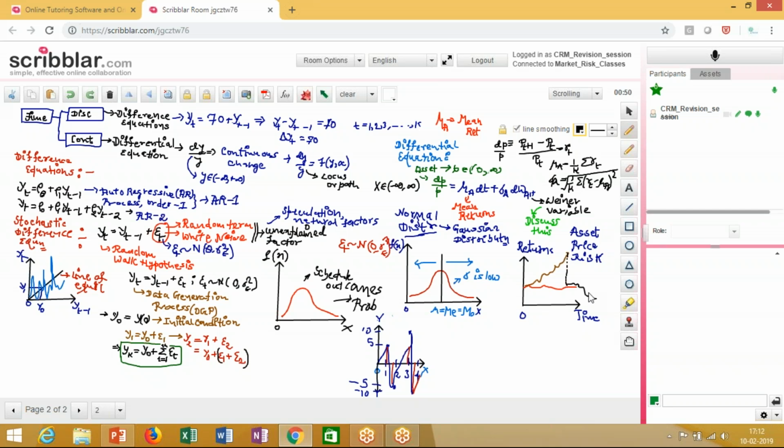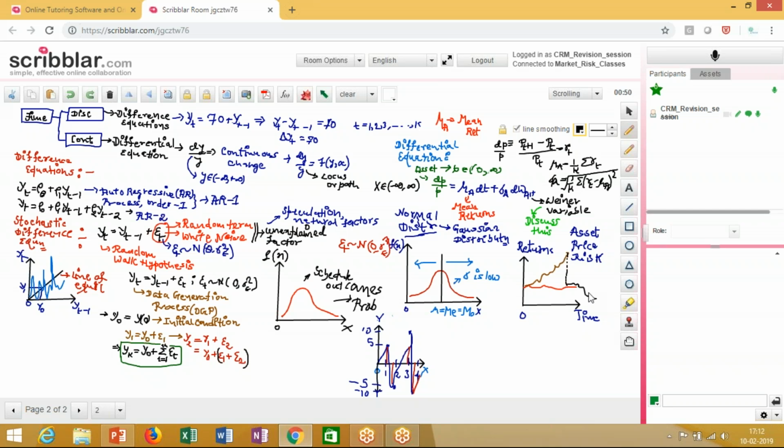So the easiest way for me to work this out is to find out what the chances are that the asset price is going to crash in the next 12 months, or let's say in the next dt period, so in the next continuous time period. So what is the probability that this asset price will crash in the next 2 months, in the next half an hour, in the next 50 minutes, and so on.